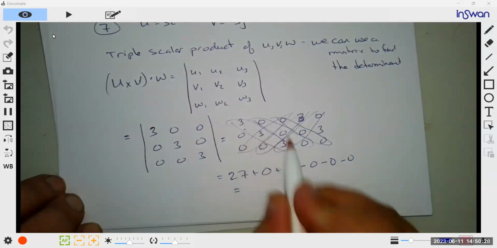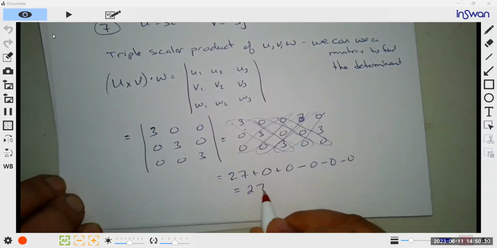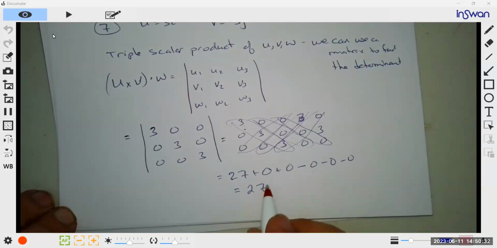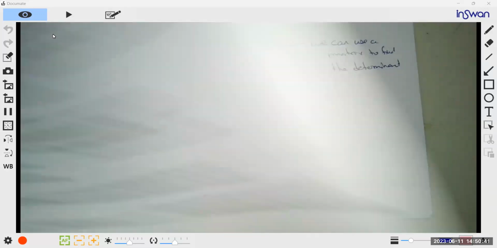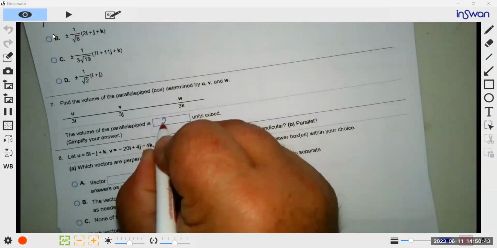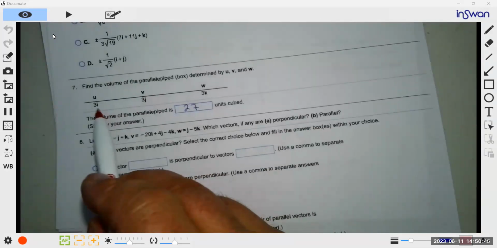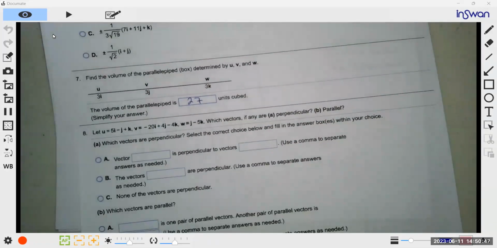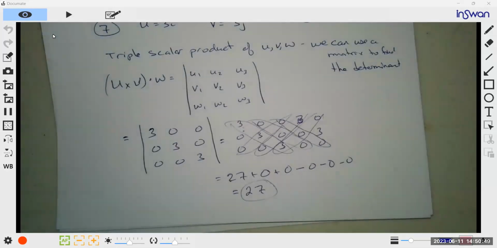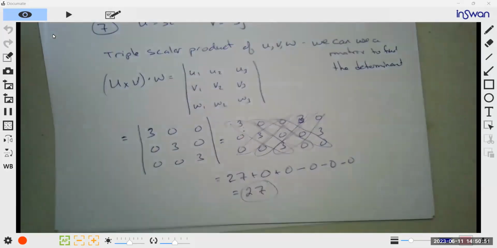Everything else has zeros. So the volume is 27 units cubed. Basically, just multiply those three together, since the rest of them are zeros. If they had anything else, it'd all wash out here.